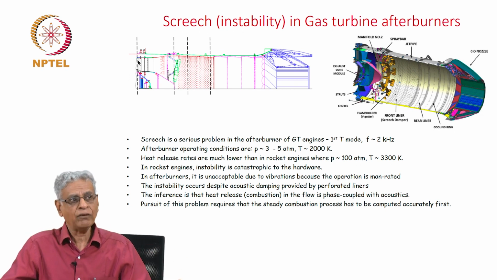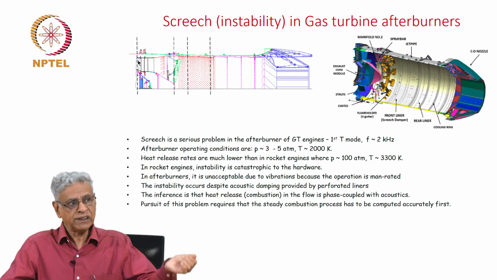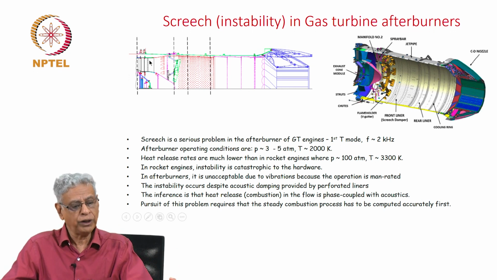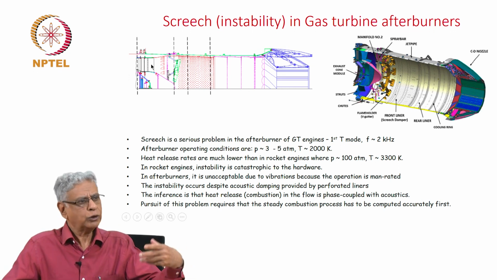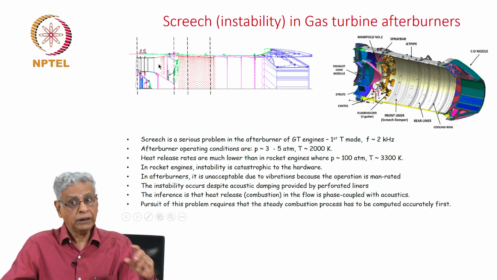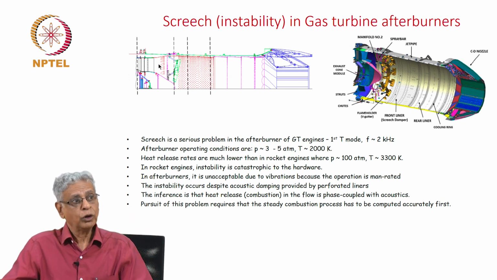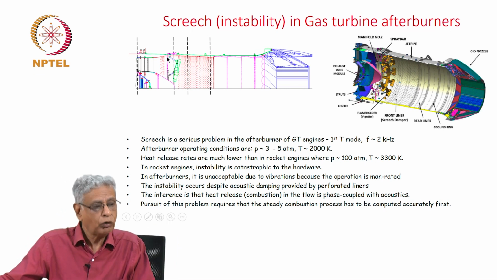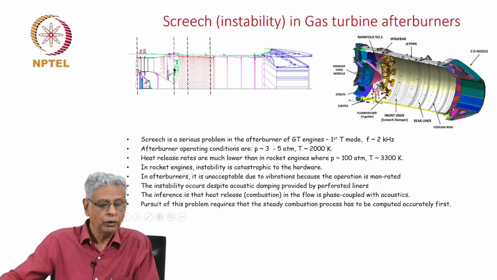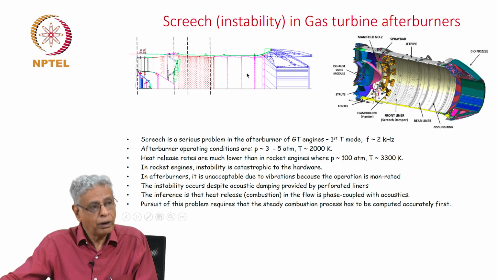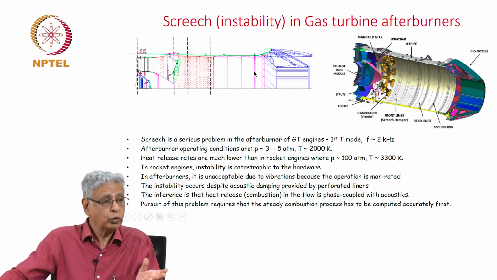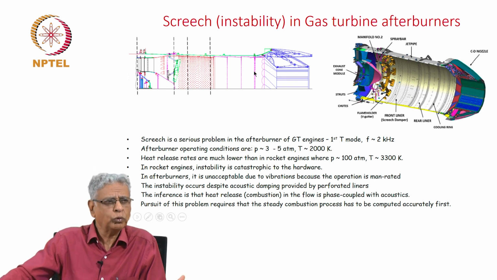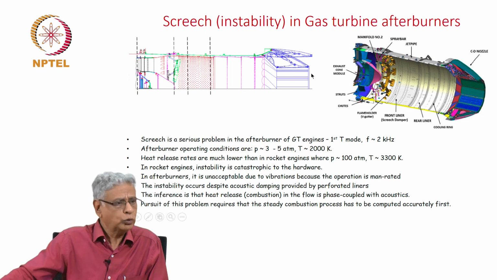So you still have the ability to use the oxidation potential of the gases coming out here, typically around 800 to 1000 Kelvin. They come out here, they have oxygen fraction left in them. So you can actually use that to burn more fuel inside this. That is what the afterburner is all about. Whenever you need, you inject the fuel and then burn the fuel in this domain, take the temperatures close to adiabatic temperature, which is typically around 2000 Kelvin or so, then they go through the nozzle.